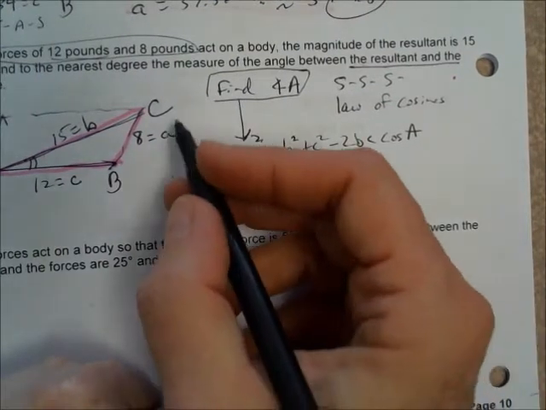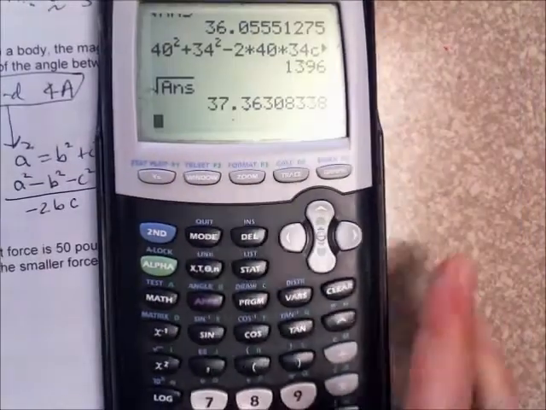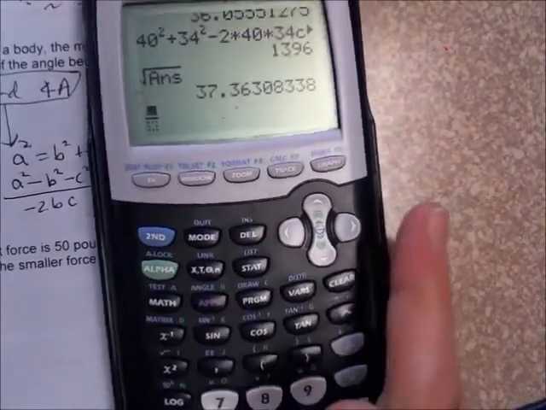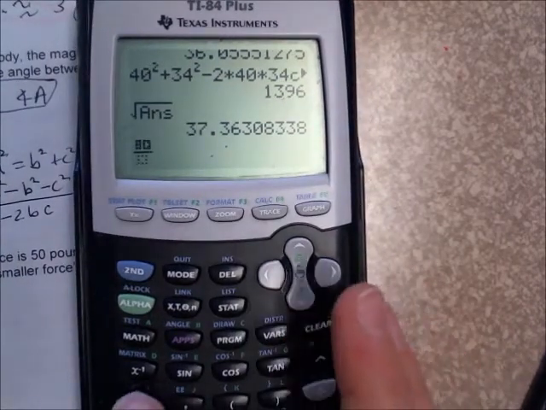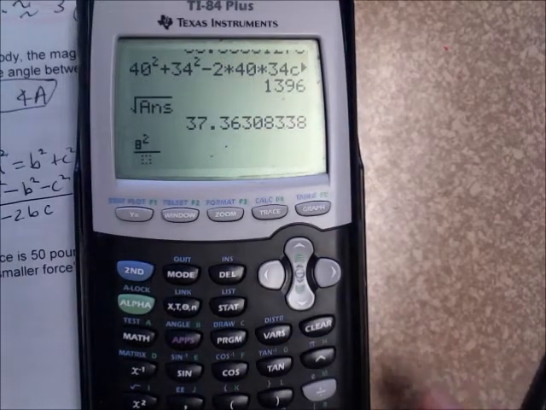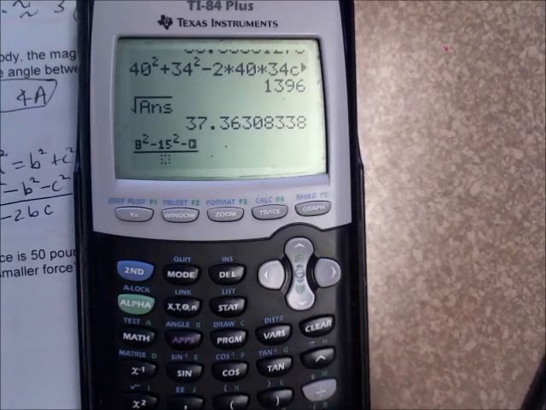And now we can just plug in the A, B, and C information. So I'm going to set up a fraction in my calculator, and A is 8, and B is 15, and C is 12.